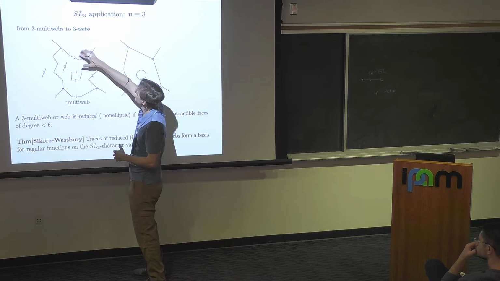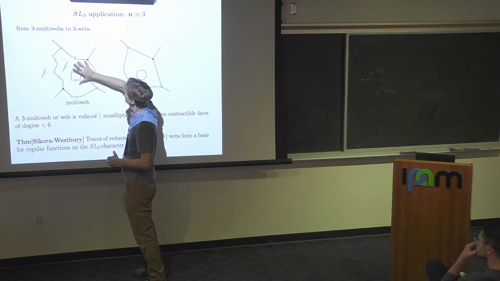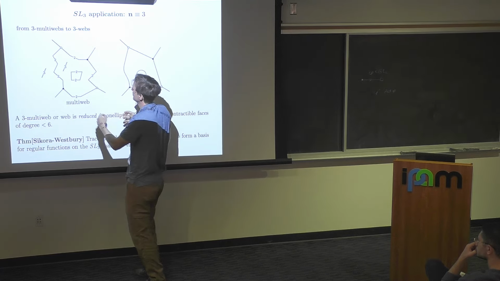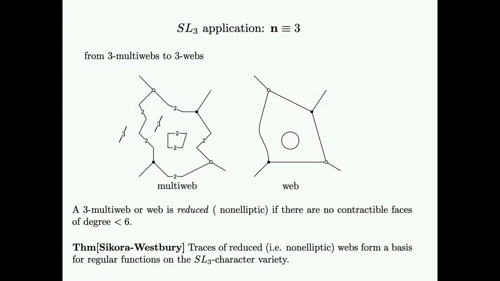First of all, we have these 3 multiwebs, right, which are a sub part of my graph. Some edges have multiplicity 3, some edges have multiplicity 2, but the multiplicity 2 edges have multiplicity 1 edges next to them because the sum has to be 3.